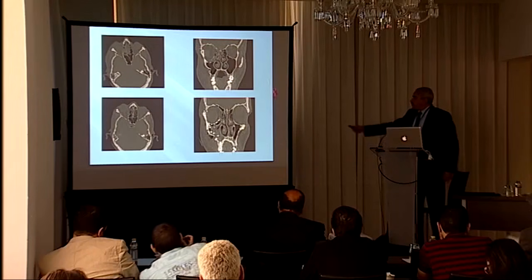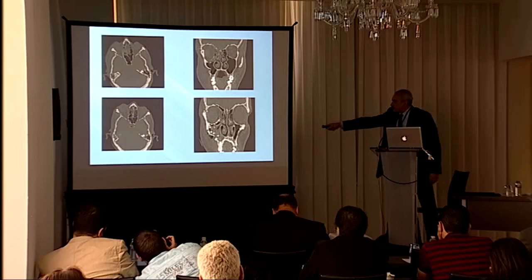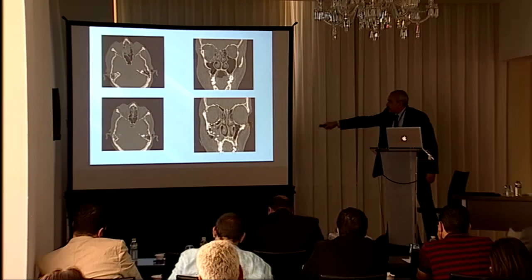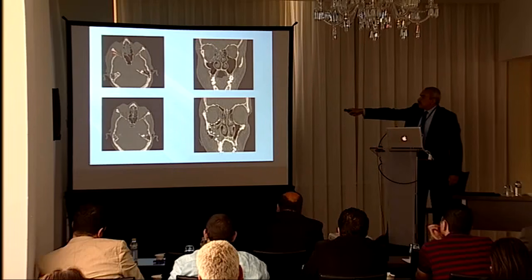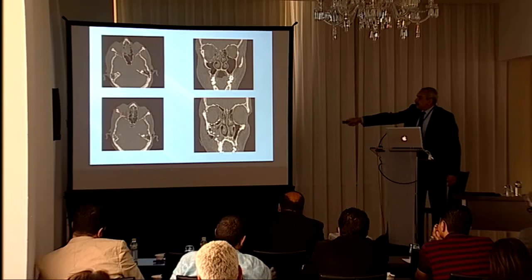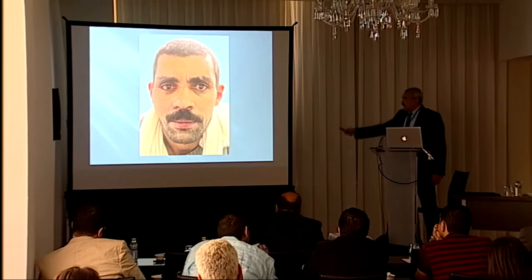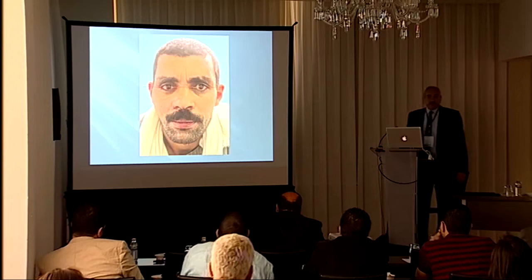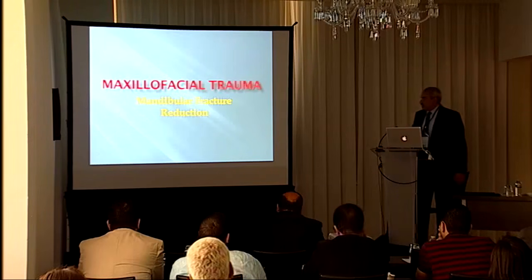This is the post-op, and as you can see, here is the orbit, and we regained the orbital floor to the same level as before. Here is the zygoma that was broken and displaced, and it returned straight and back to position, and we restored the level of the eye pupils, and the patient does not have any dystopia anymore.